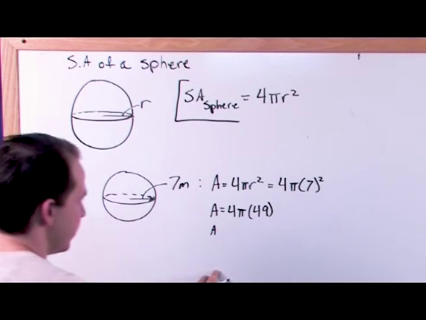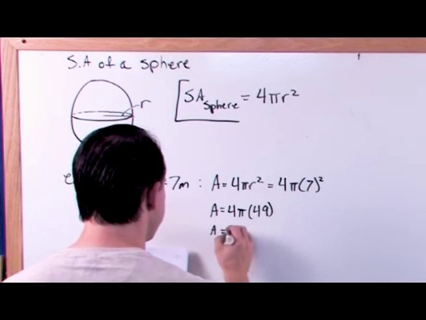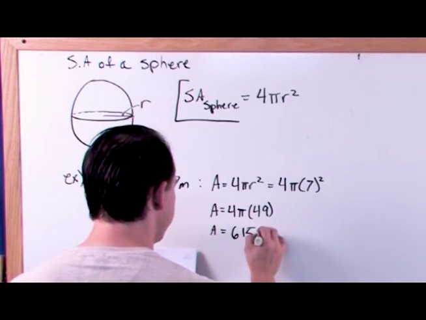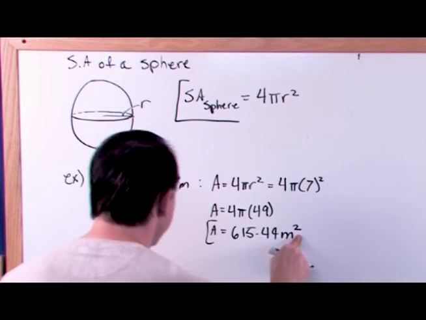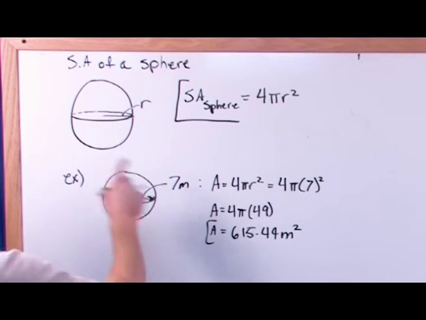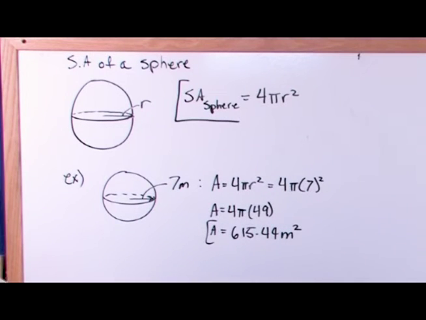So when you put this in your calculator, 4 times pi times 49, you're going to get 615.44 meters squared. And it's square meters because I'm dealing with area and I'm dealing with meters. So for area, you're always going to have meter squared, centimeter squared, etc.